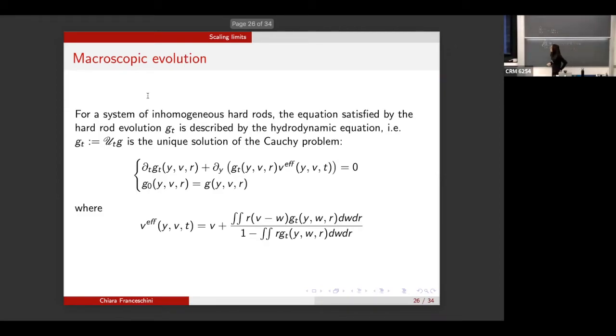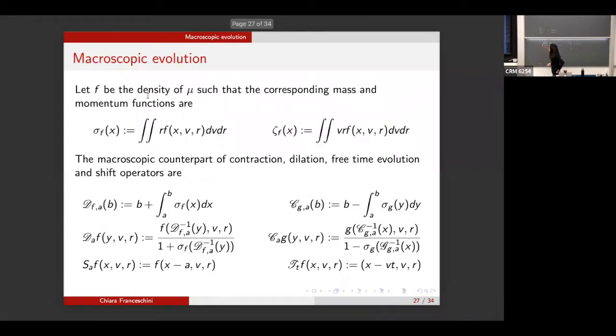Okay, so to prove this macroscopically, you need to define the macroscopic counterpart of the operators that I described at the very beginning: the dilation and contraction map, the free time evolution, and the shift operator. So they are defined in the following way. For a function f, the mass and the momentum function are given there.